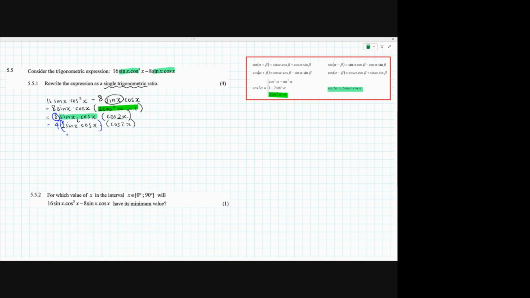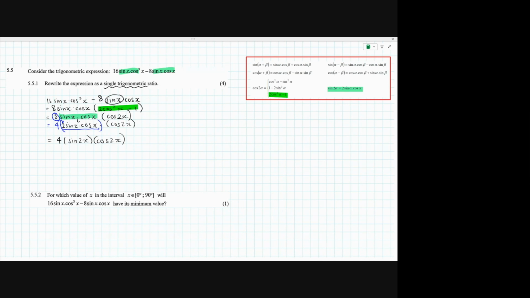So what this now simplifies to in my bracket is a sine double angle. So I will have 4 of sine 2x times cos 2x. So now we're getting somewhere. Now at least I've got a sine and a cos. It's happening slowly but surely, but that's okay.